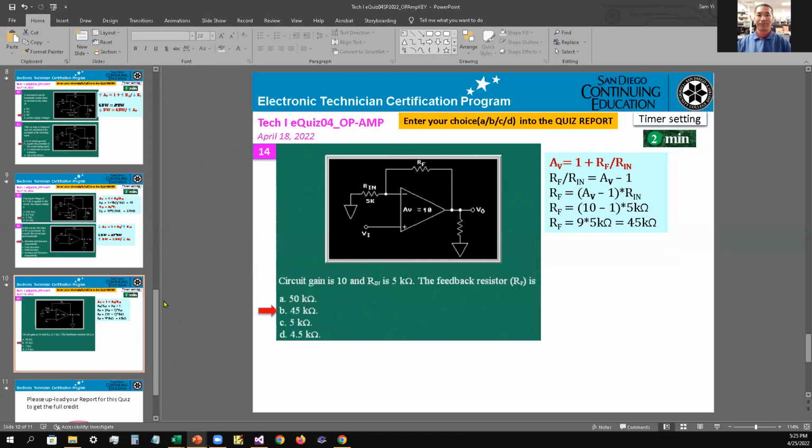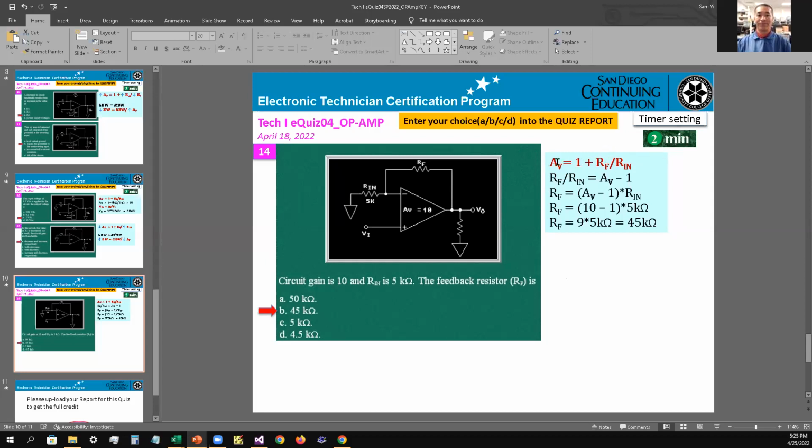Okay, and this is the circuit: the gain is 10 and Rn is 5 kilo ohm. The feedback resistor RF is... okay, so this one is non-inverting. So first we have to look at the gain. AV equals 1 plus RF over Rn, and we have to calculate this one.